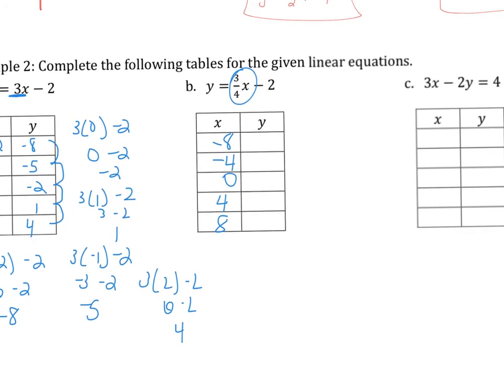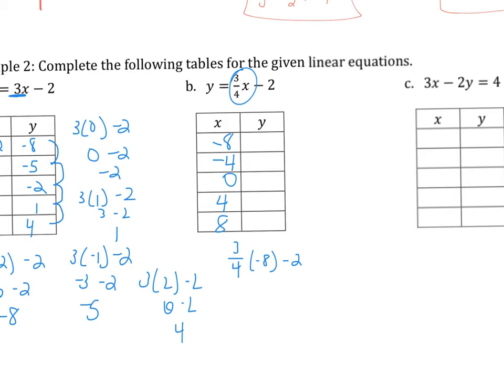Okay, so let's find a couple of these numbers, and then we'll look for a pattern. So 3/4 times negative 8 minus 2. Depending on what calculator you're using, if you don't have a fraction button, you could do 3 divided by 4 times negative 8.